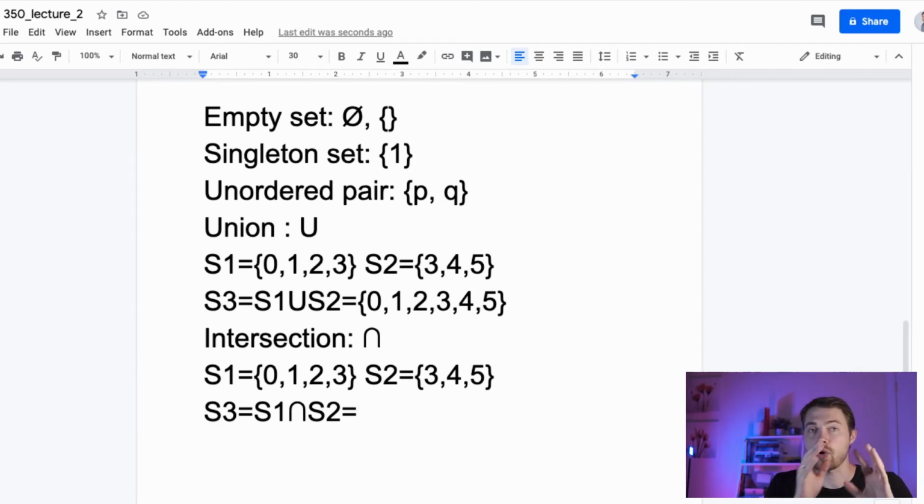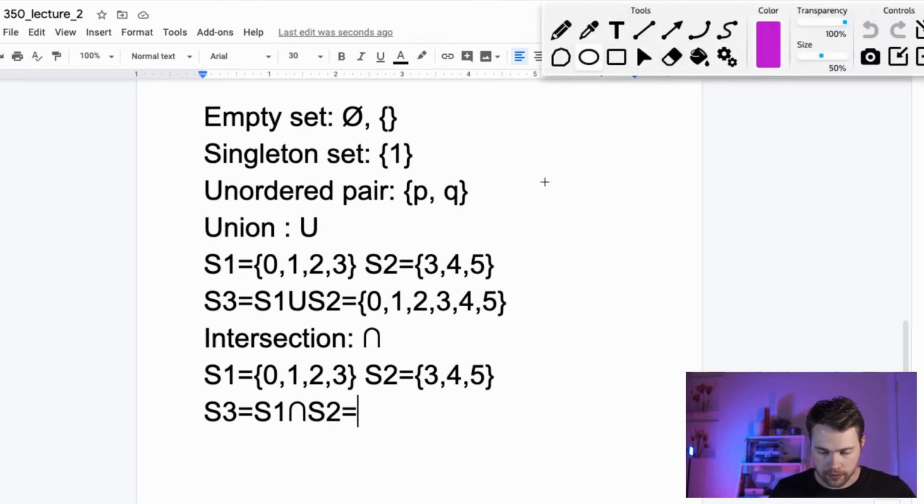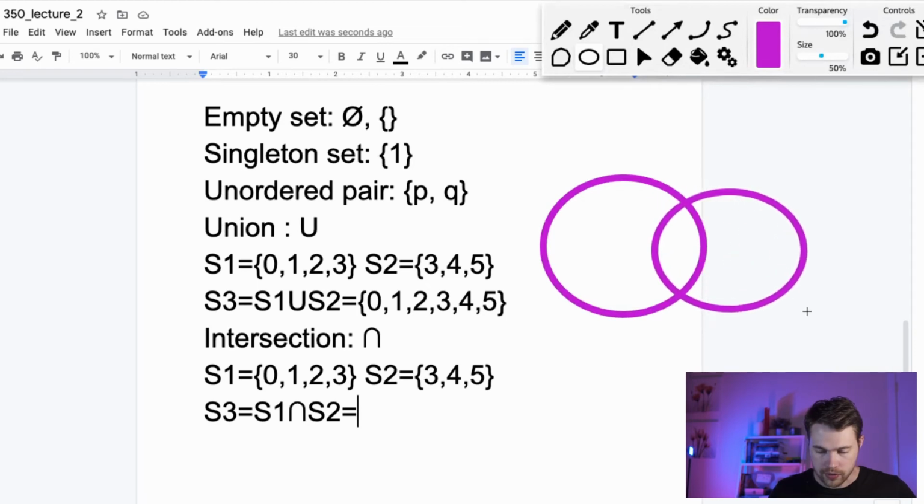If an element is only in S1 or an element is only in S2, that's not going to be within the intersection. So if I draw, let's say, a circle, right? So that's 1, that's 2, right? Then in this case, the stuff over here, that's going to be an intersection, right?